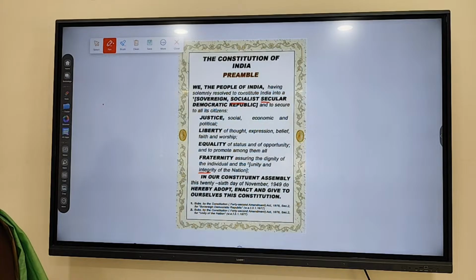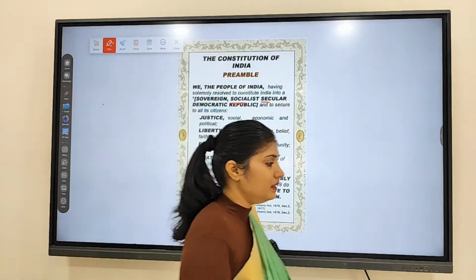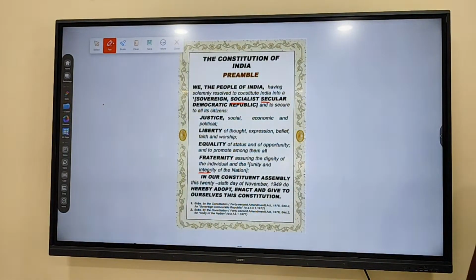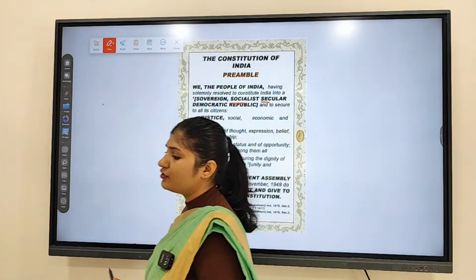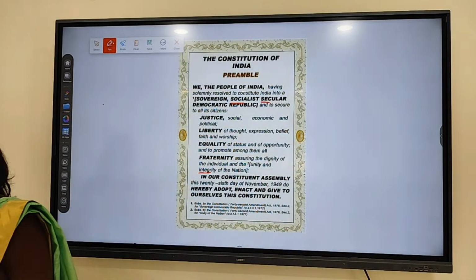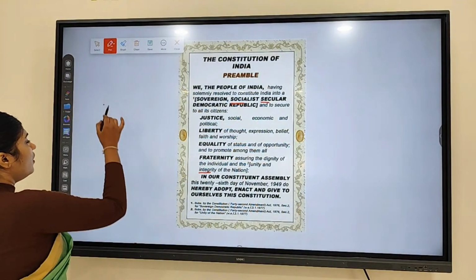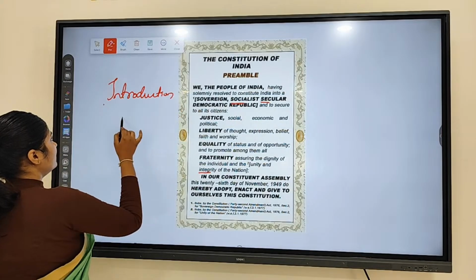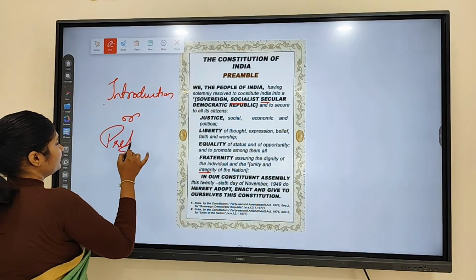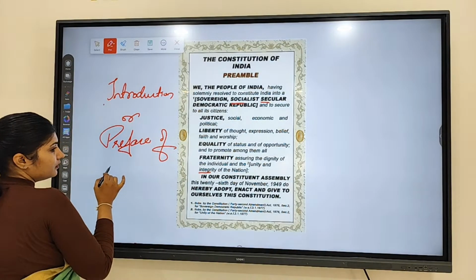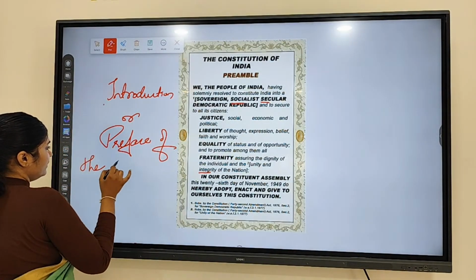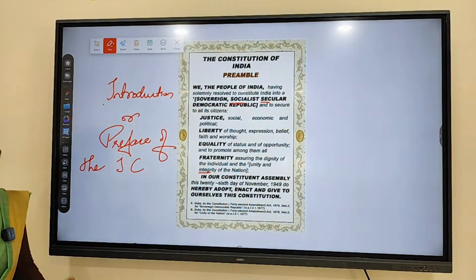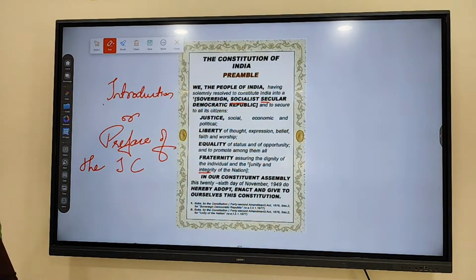Full stop. The preamble refers to the introduction or preface of the Indian Constitution. Preface of the Indian Constitution.